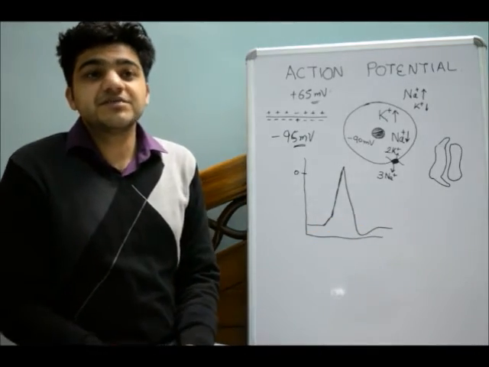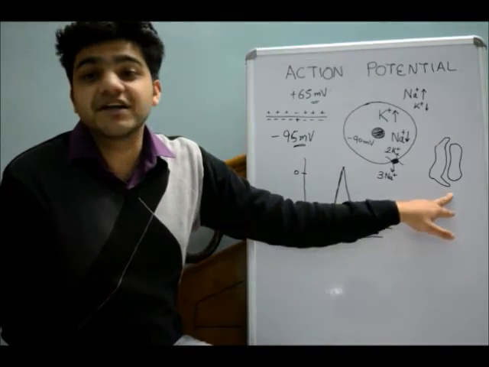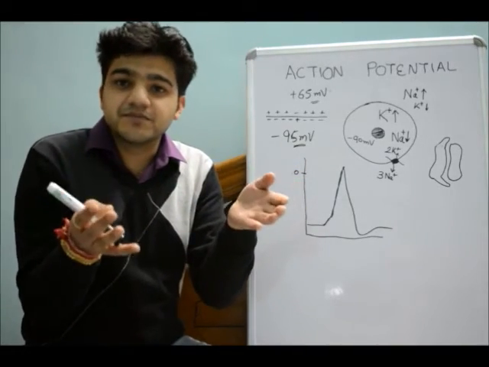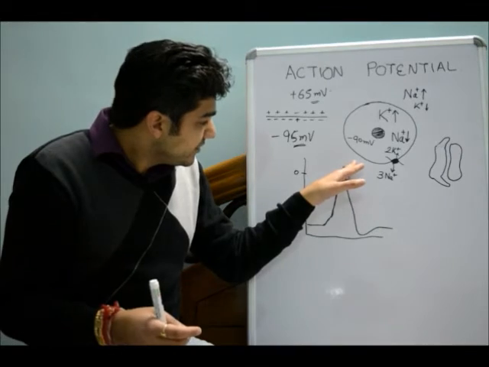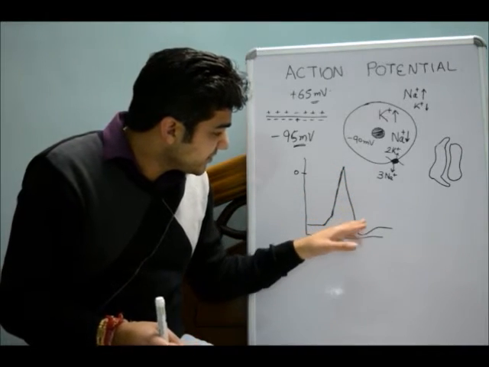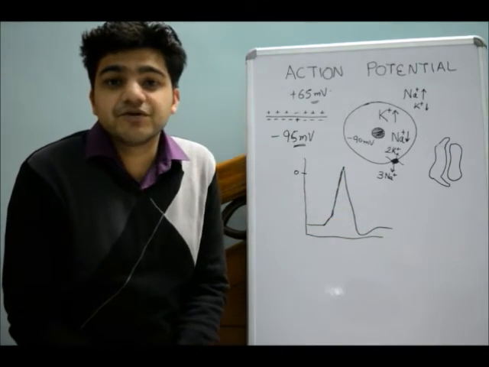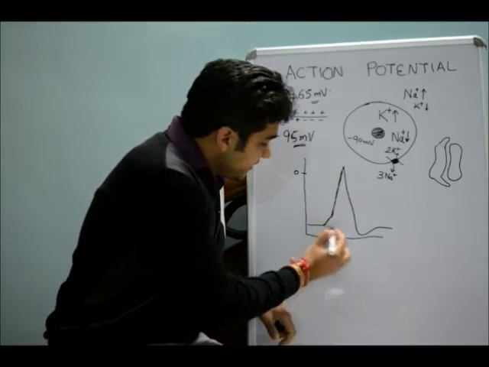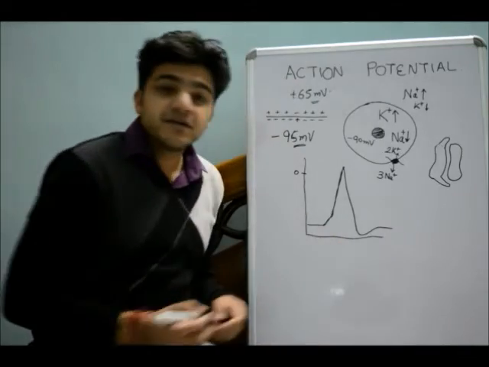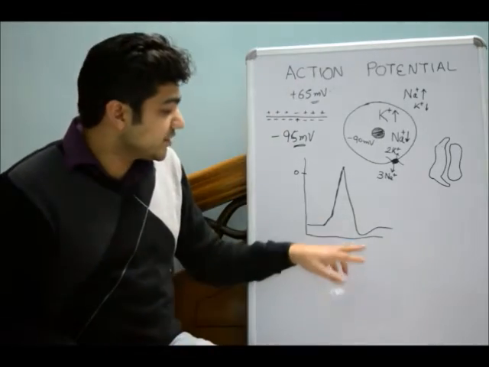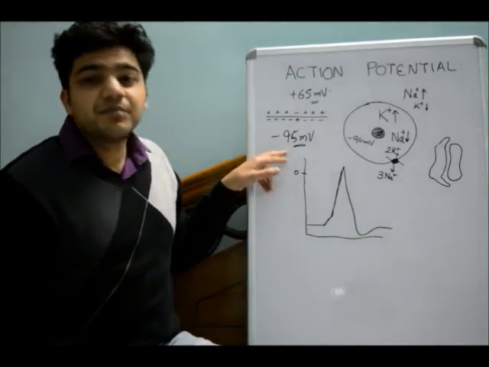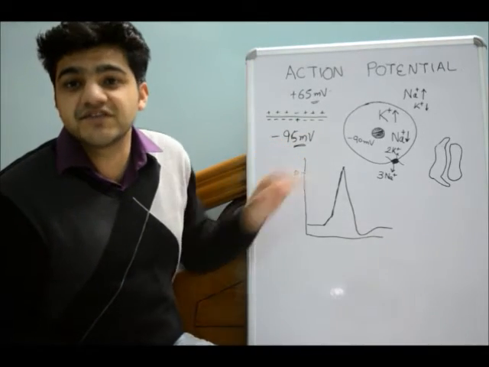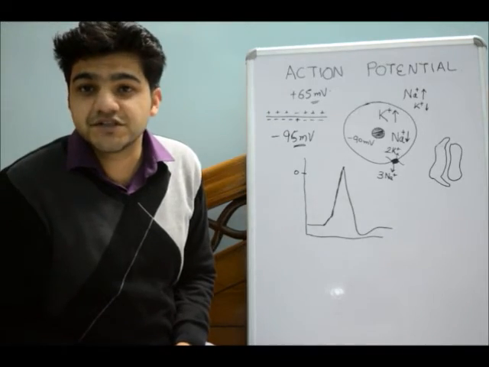And the potassium channels do not have an inactivation gate like sodium channels. So the potassium channels tend to stay open for a long time. So the potential drops, and it goes to a state which we call hyperpolarization, which might be even lower than the resting membrane potential, because potassium will tend to bring it around minus 95 millivolts, which is its Nernst equation potential.